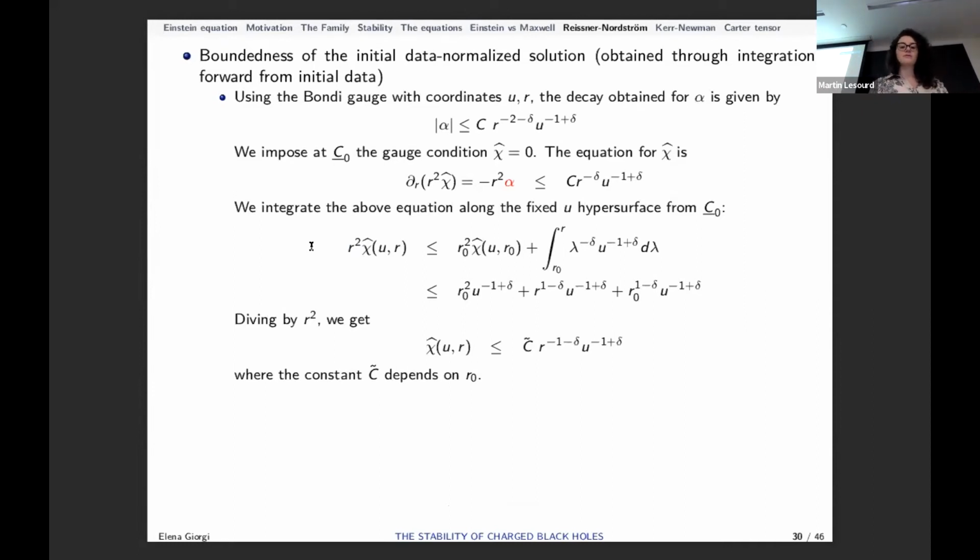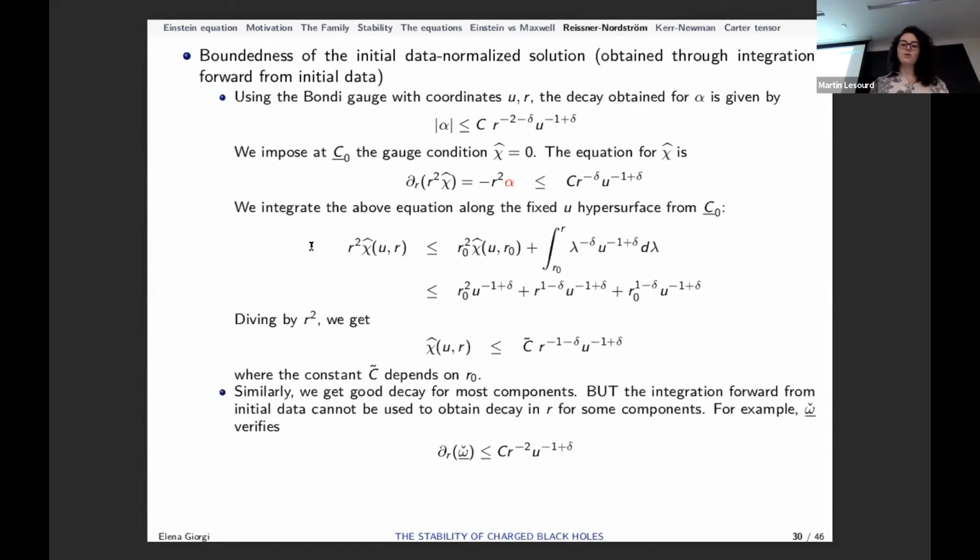The problem with integration forward, though, is that most quantities get good decay in this way, but some quantities don't. For example, omega bar check, which is really the omega bar of the linearized solution minus the background. This one verifies an equation that doesn't have an r inside the derivative.